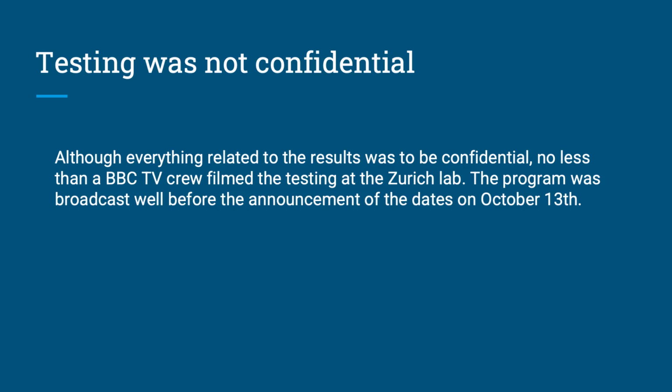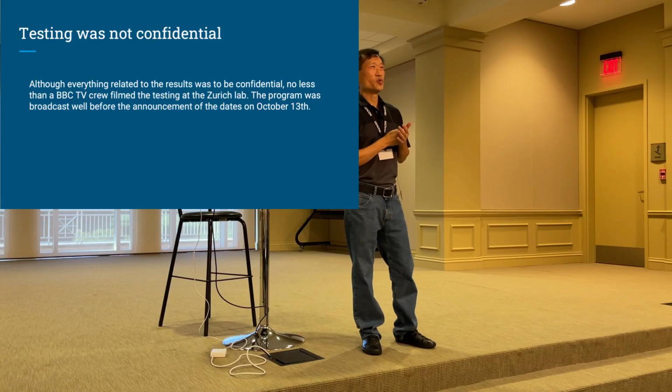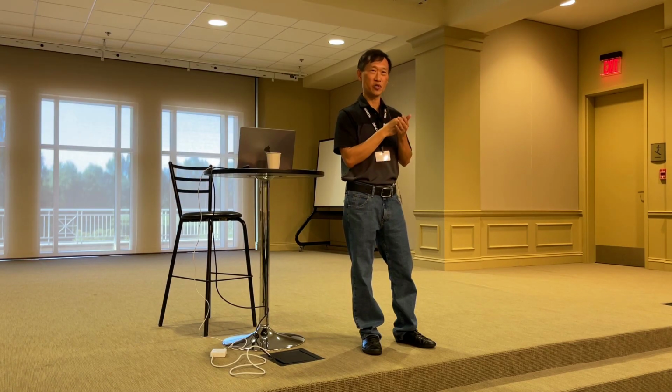The testing was not confidential. If you're going to do a study, you do not want to release your results prior to it being officially published. It was supposed to be published in 1989 by Nature.